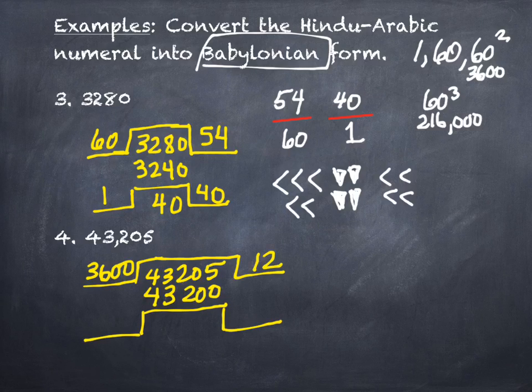Okay. So the next thing I'm supposed to do is divide by the next bill smaller. And the next bill smaller than a $3,600 bill is a $60 bill. But what is 43,205 minus 43,200? 5. Careful. You actually did 5 divided by 60, didn't you?